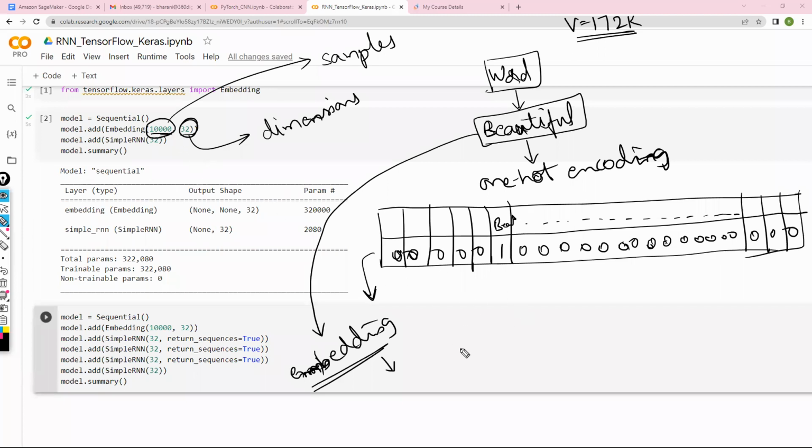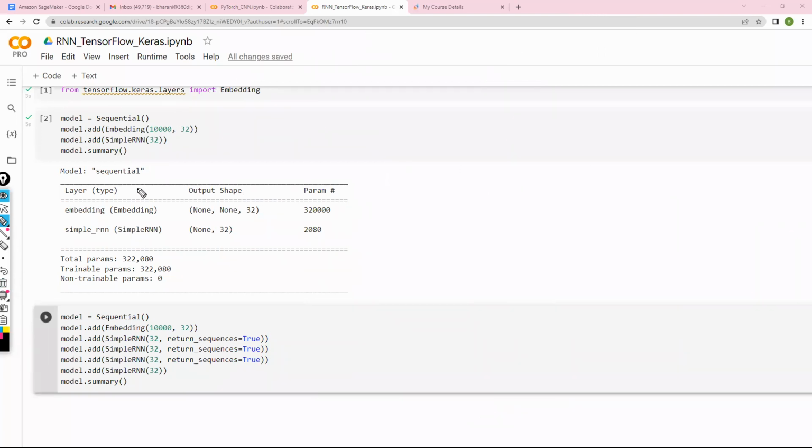If a specific document contains more than 10,000 words, you cut off and take only the 10,000 most frequently used words, and then convert those into numbers of 32 dimensions. I mean, each word would be represented using 32 numbers. Okay, that's what we're doing here.